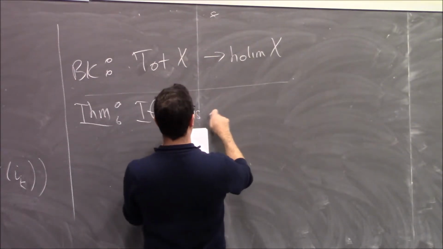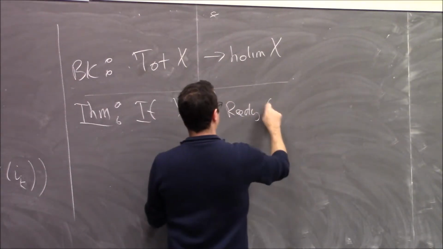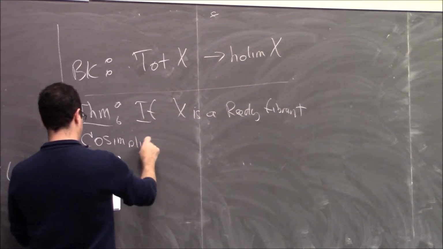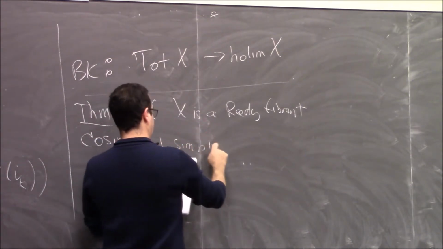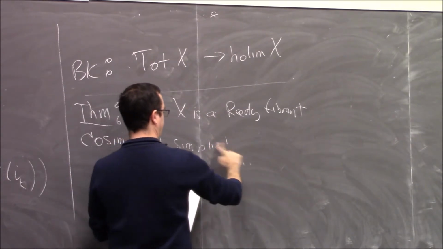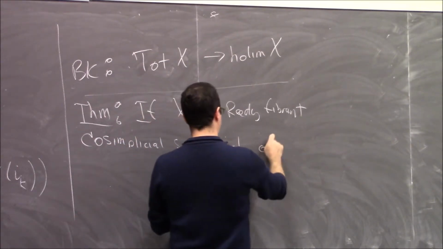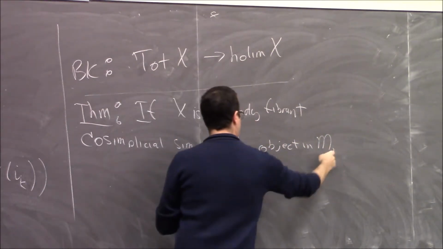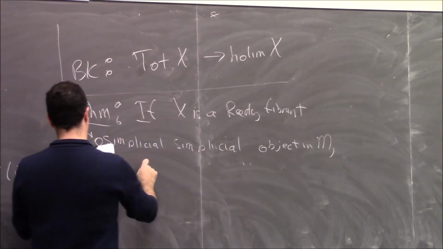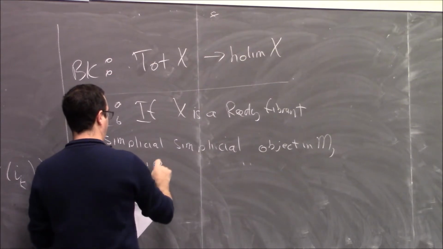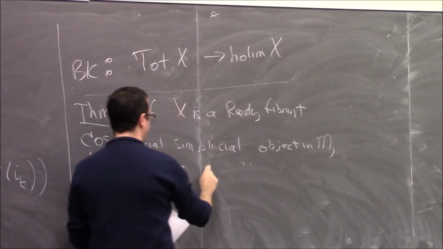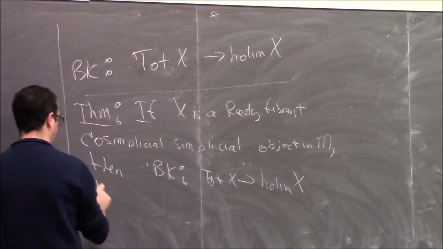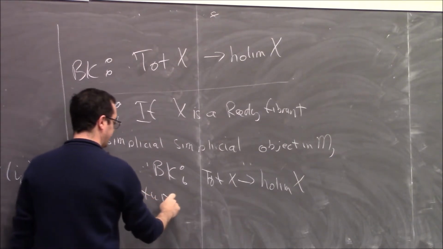But if x is a Reedy fibrant cosimplicial simplicial object in M, then the Dwyer-Kan map is a natural weak equivalence.